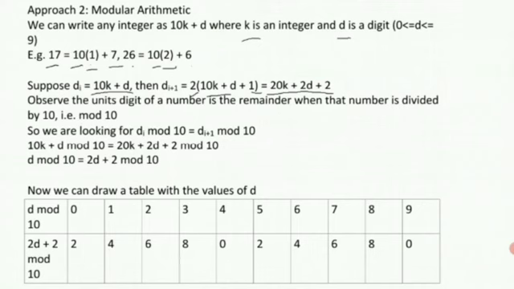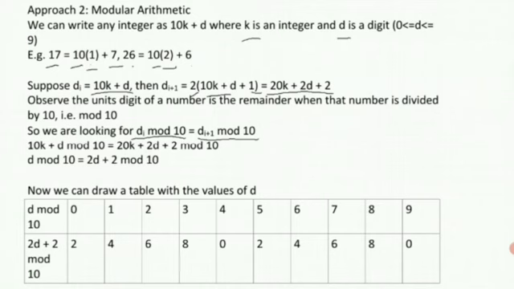Here, we need to make another important observation, and that's that the units digit of a number is always the remainder when that number is divided by 10. Or in other words, we call that mod 10. Here, mod 10 just simply means the remainder when divided by 10. So what we are actually looking for is that d_i mod 10 is equal to d_(i+1) mod 10, where i is at least 2.